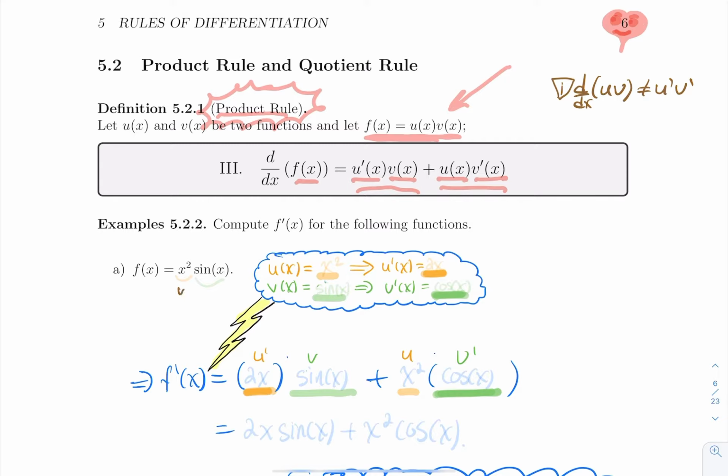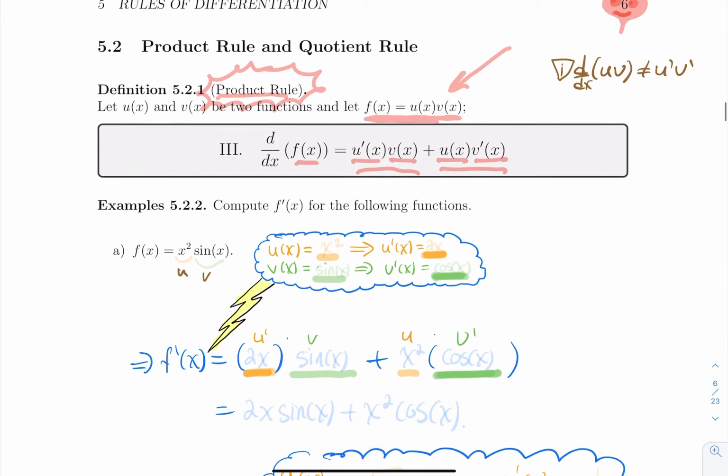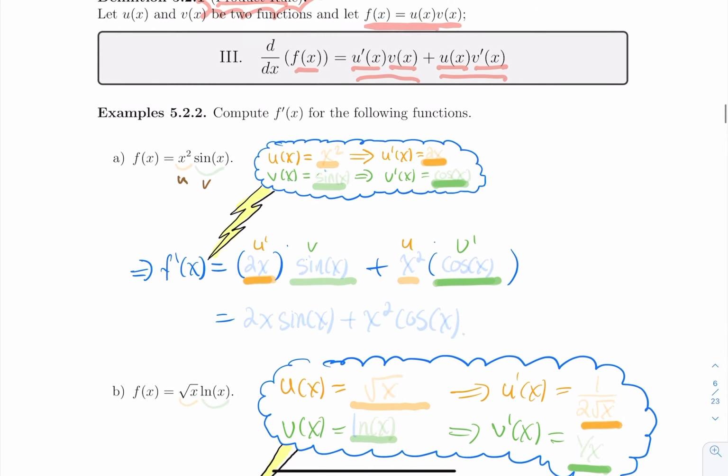First function, suppose f of x is x squared times sine of x. It's the product of two things. I'm going to call the first function u. So u will be x squared, and v is going to be sine of x. You label your functions carefully, and then you compute their derivatives.